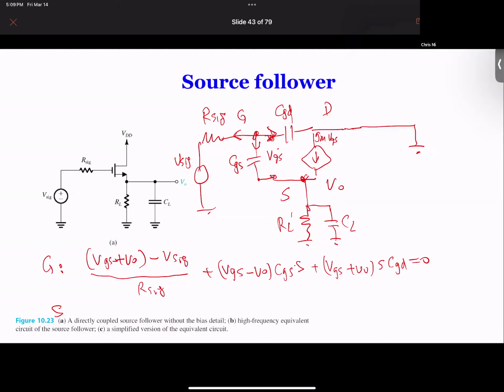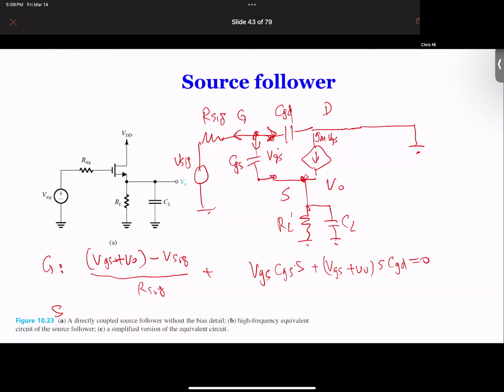When you want to write a node equation, you have to be careful to inspect what you have. Because VGS is the voltage across CGS, we don't have to minus VO, right? For CGD, it's VGS plus VO to ground, right? So CGD is the voltage from VG, and VG is VGS plus VO. So that one is correct, but that one we made a mistake. Let's correct it.